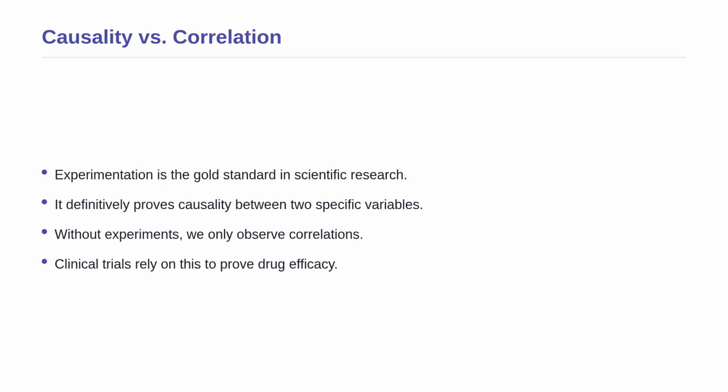Understanding this strict control leads us to why experimentation is so highly valued. Experimentation is considered the absolute gold standard in scientific research because it is the only method that can definitively prove causality. Causality means that one specific thing directly causes another.